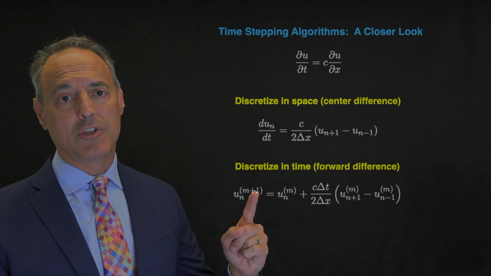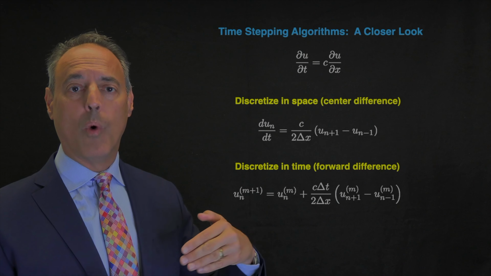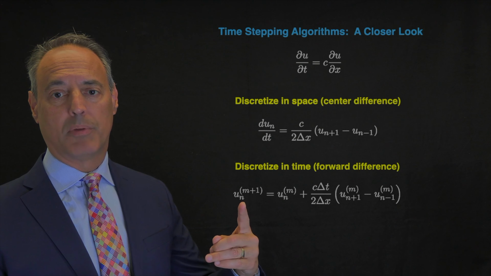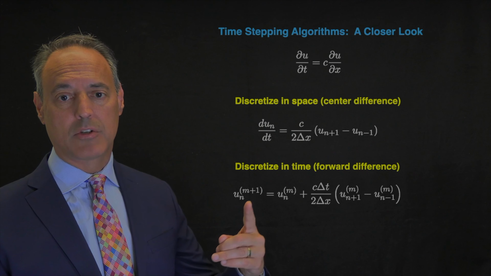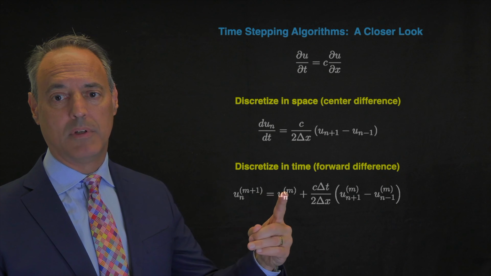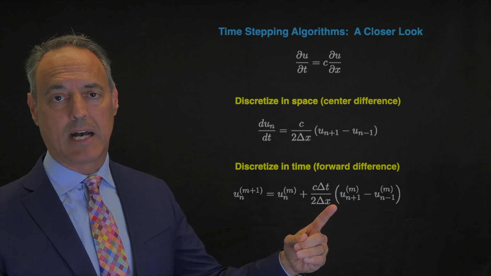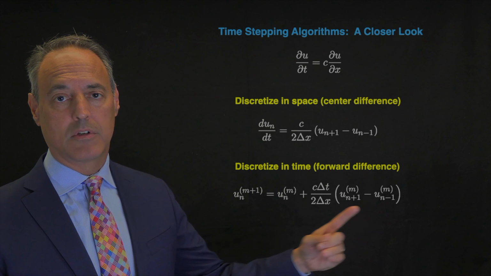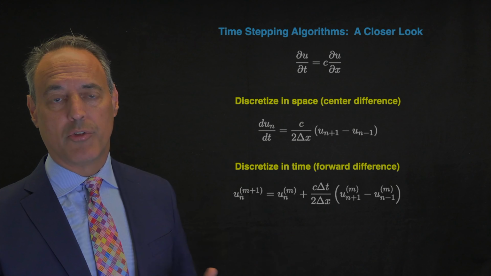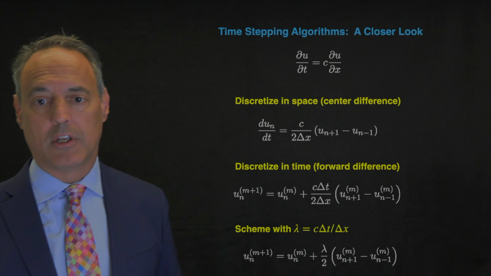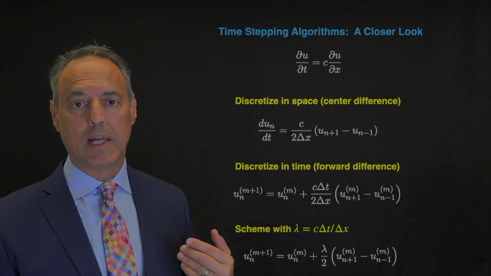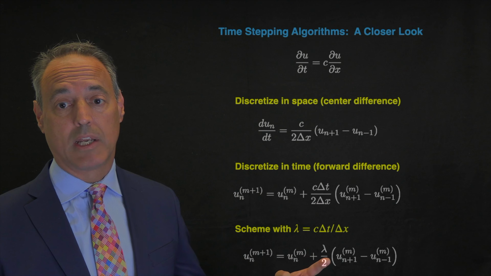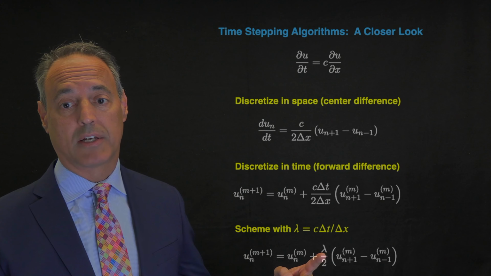So the superscripts here denote what time point you're at. The subscripts denote the spatial position. So we're marching forward one step in time, and I'm evaluating this right-hand side at the current time point, and look how I'm using my neighbors with the derivative. This is a very simple formula, and now I'm going to rewrite it one last time by writing c delta t over delta x as lambda.